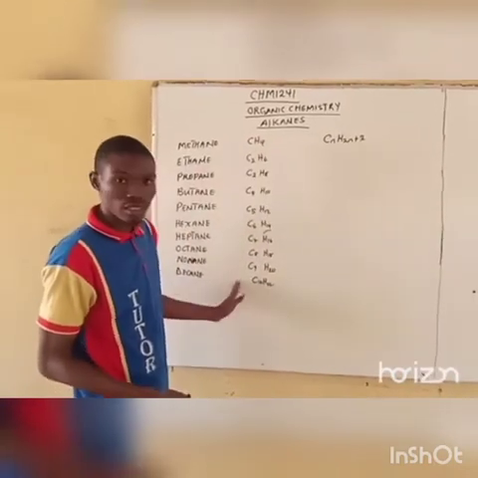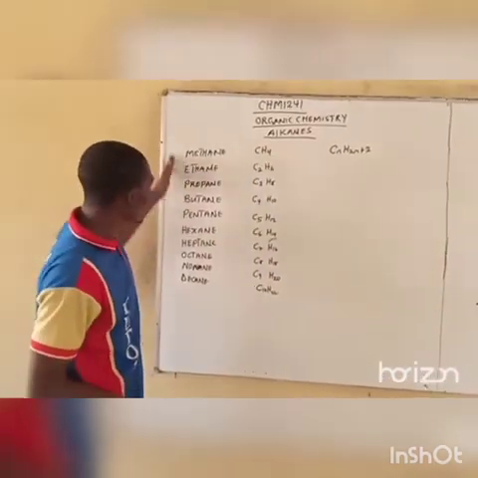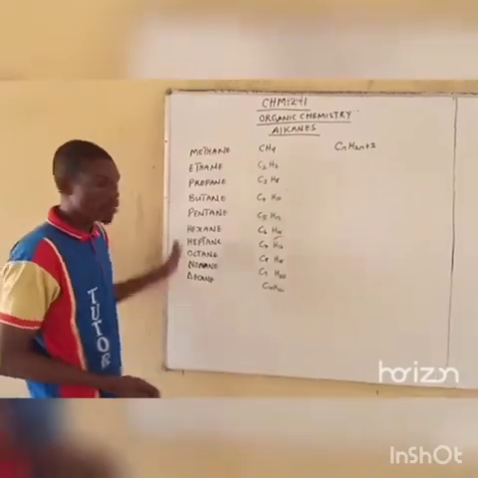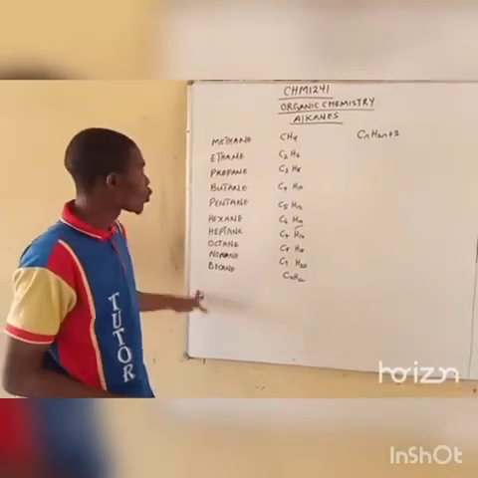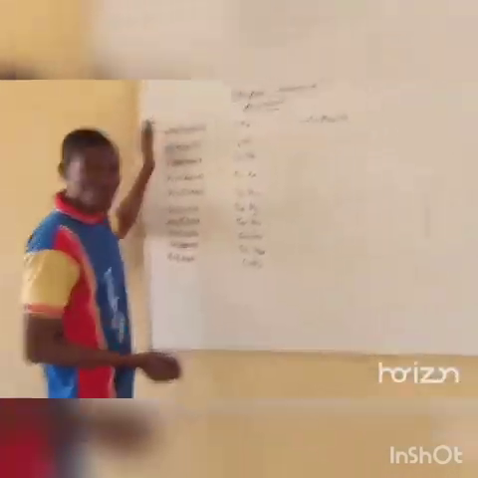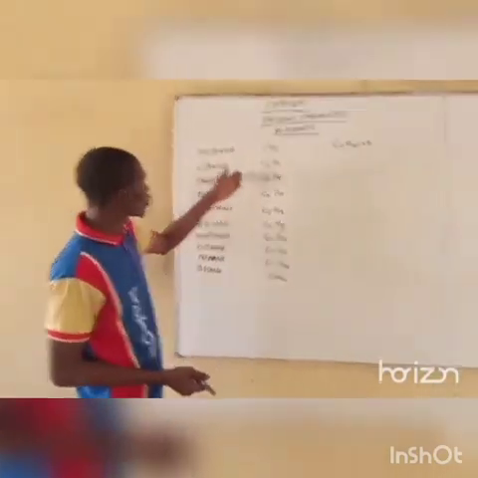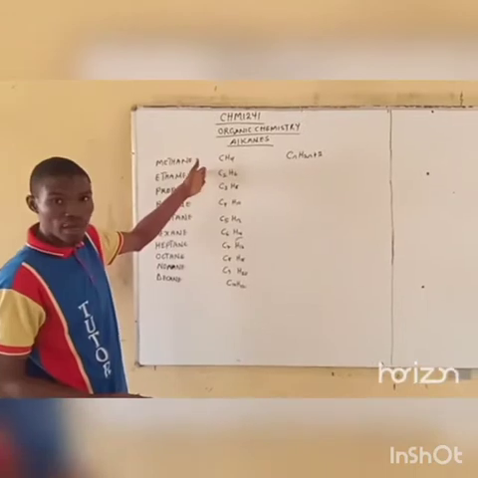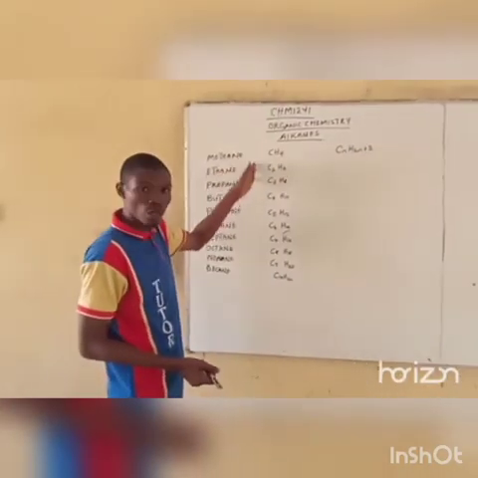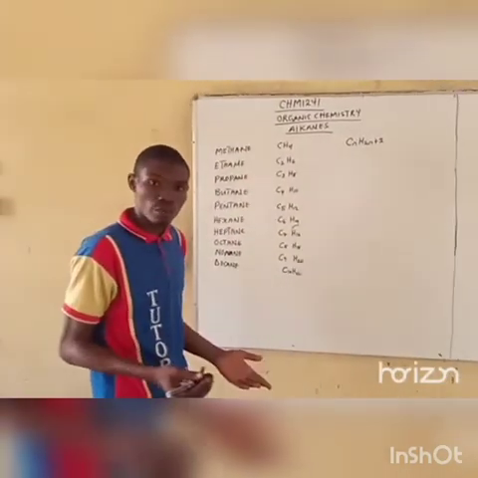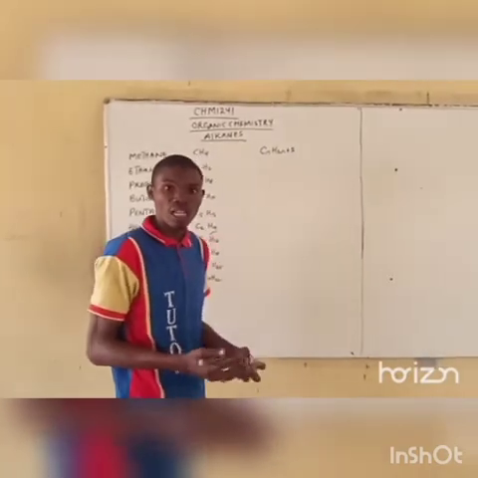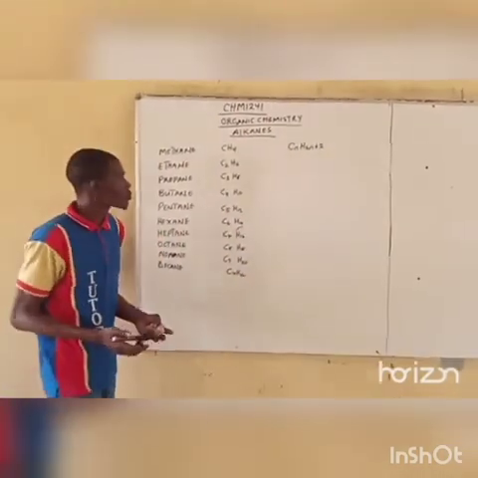As you move down the series, boiling point increases, melting point decreases, and molecular weight increases. Also, these compounds of the homologous series have a similar method of purification and a similar method of preparation.